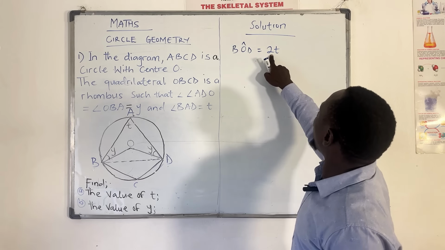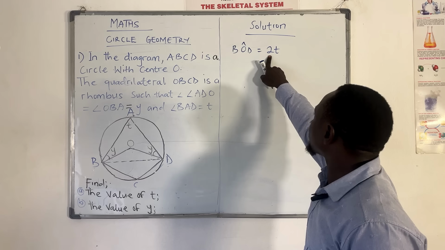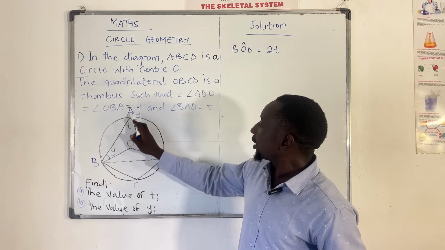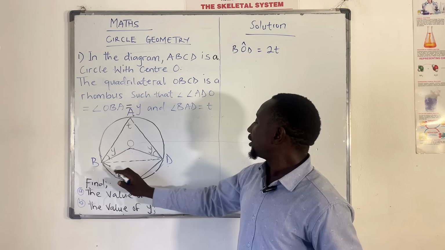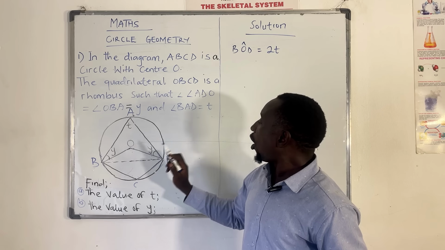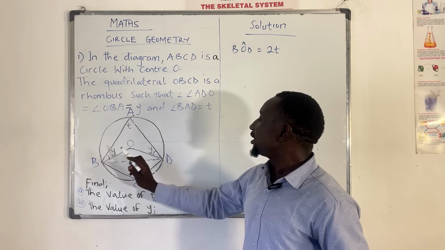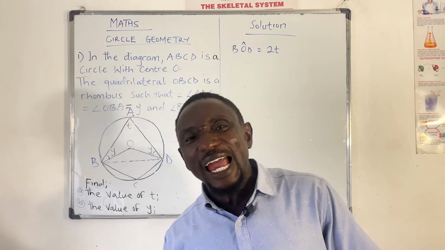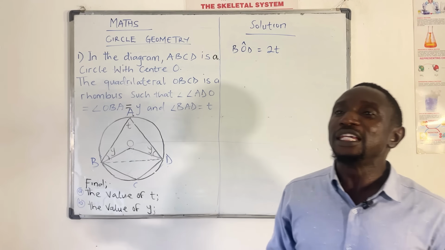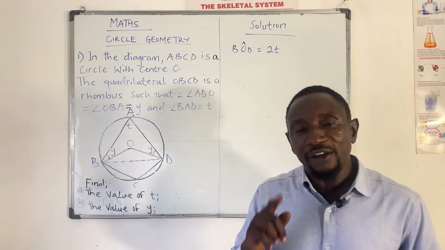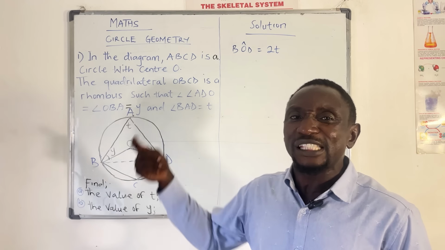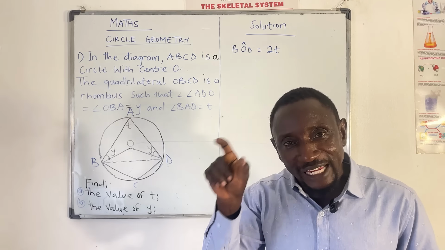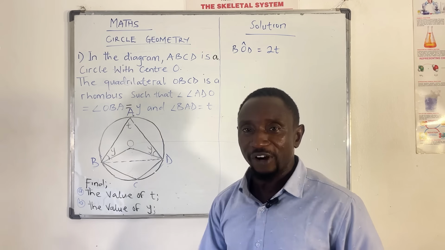Now, since we have BOD as 2T, ABCD is a cyclic quadrilateral. A cyclic quadrilateral is a four-sided shape that is inscribed in a circle, whereby each vertex touches the circumference.